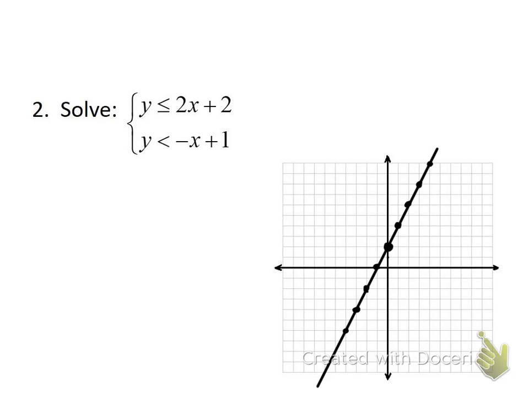Okay, 1 on the y-axis. And then? Down 1, to the right 1. Our slope is negative 1, so that means down 1, right 1, down 1, right 1, or we could go up 1, left 1.